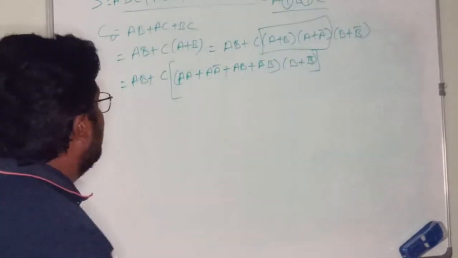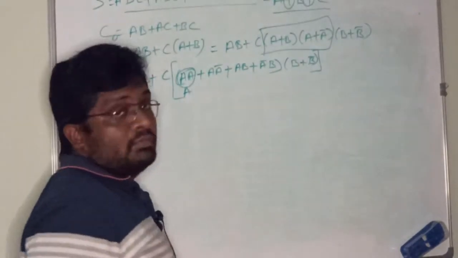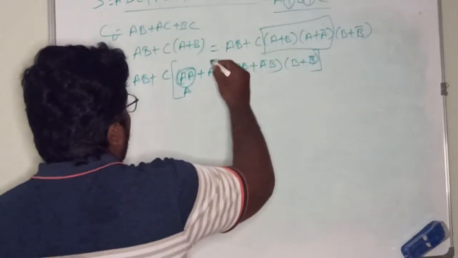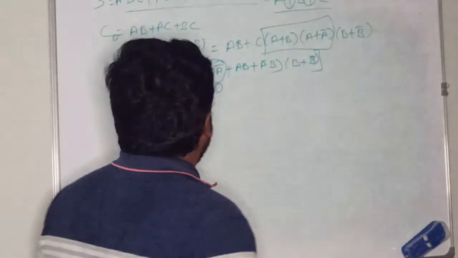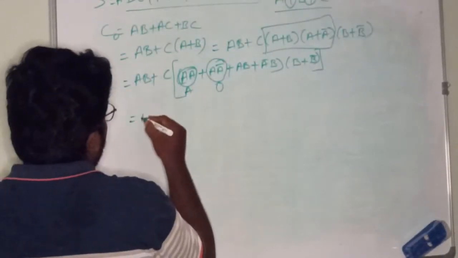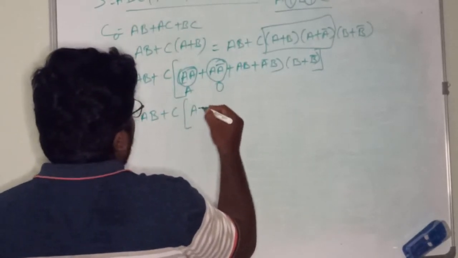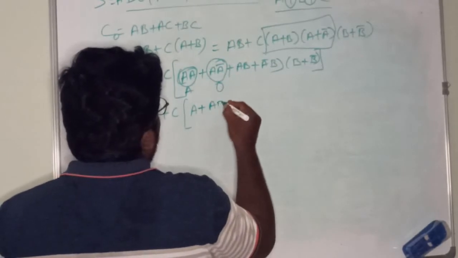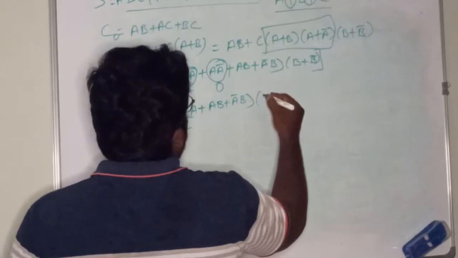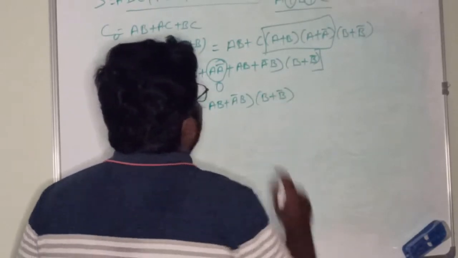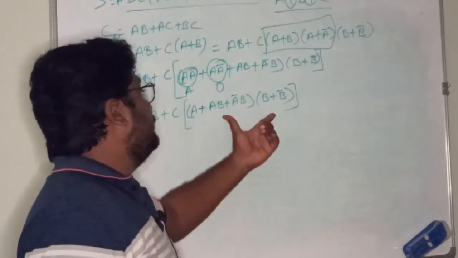If you observe here, A into A will become A, and A into A complement will become 0, right? So this can be written as AB plus C into (A plus AB plus A complement B) into (B plus B complement). Now I am multiplying both these factors.